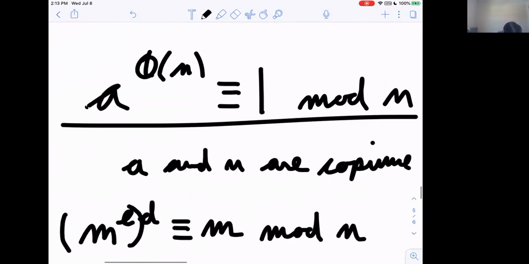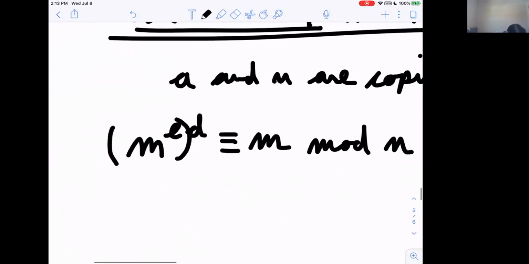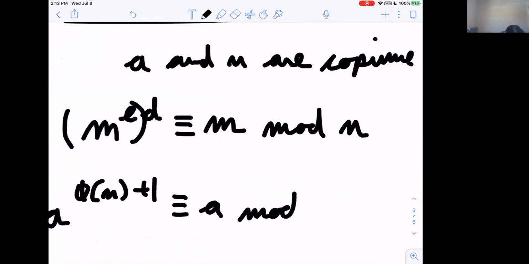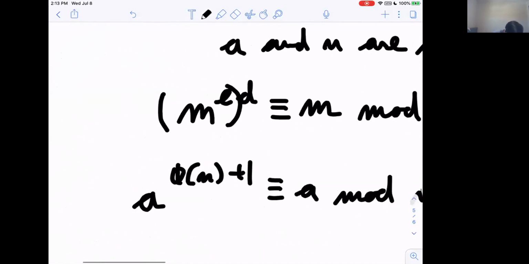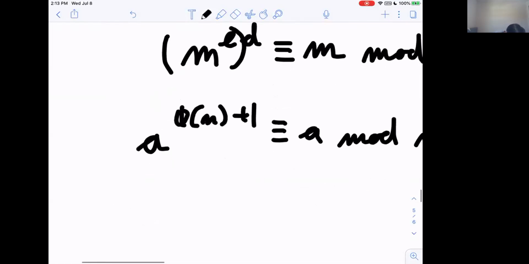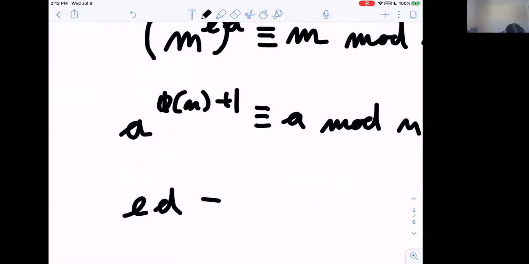So we see here that immediately if we multiply this by a on both sides, you end up getting a to the phi(n) plus 1 is equivalent to a mod n. So this looks pretty similar to what we want to achieve. So what we want really is for ed to be equal to phi(n) plus 1.